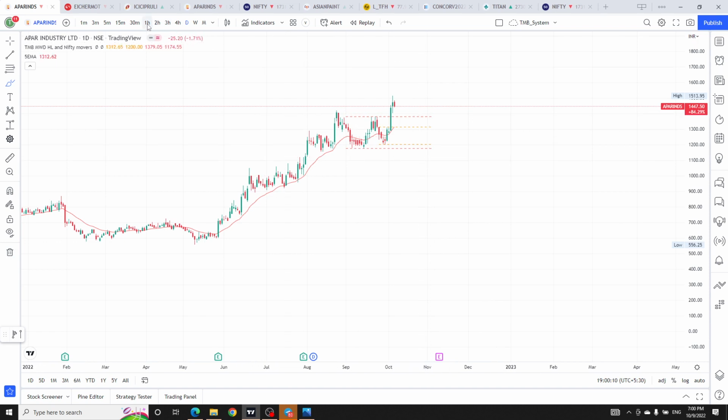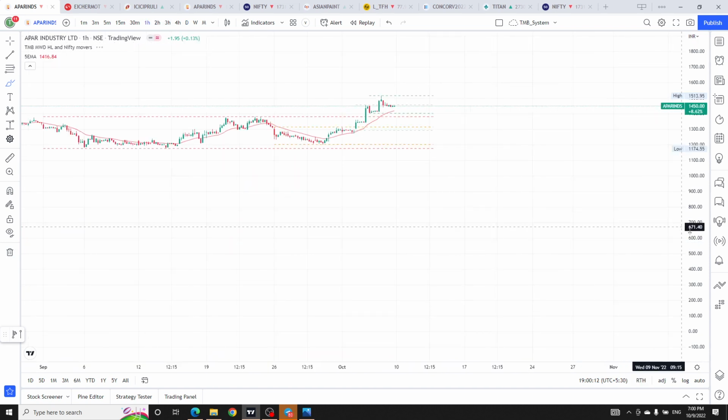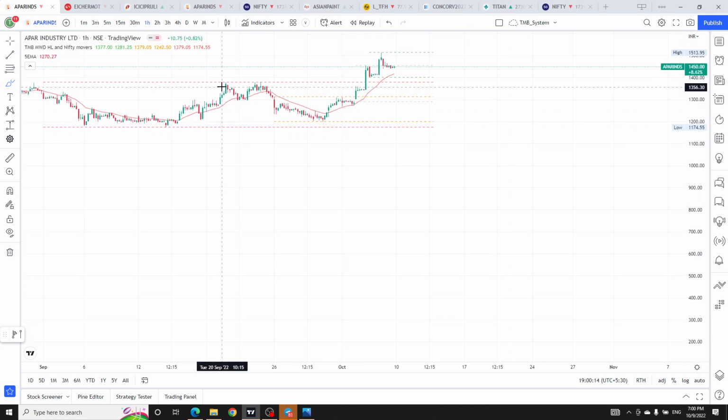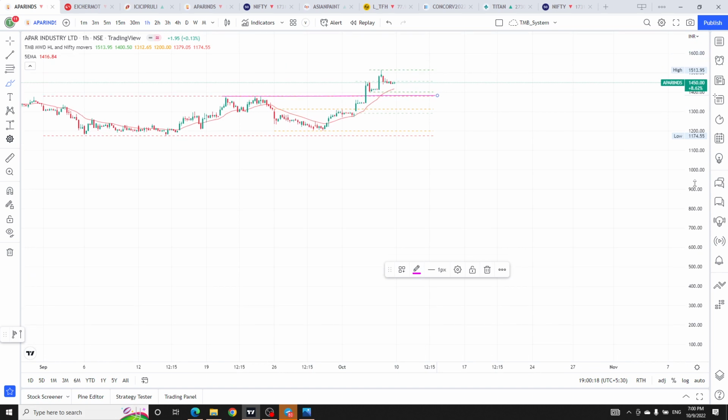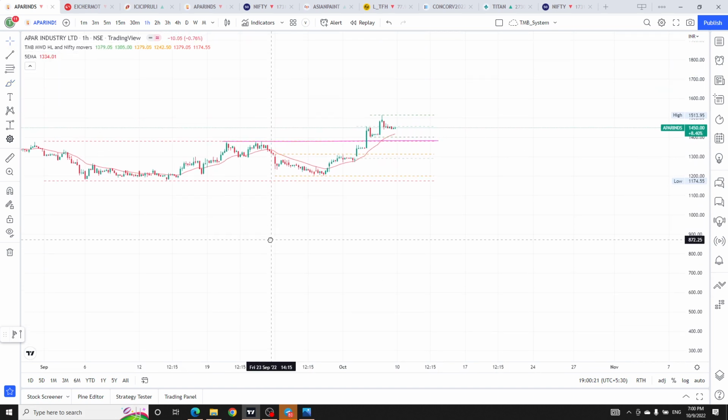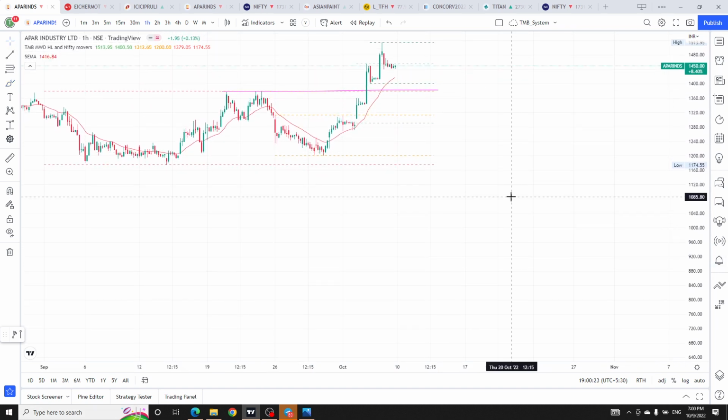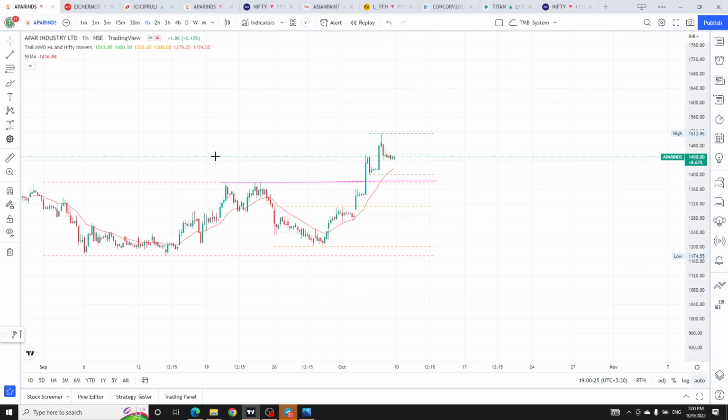Okay, coming to the lower time frame, as per the price action, this is where it previously broke out. Most of the time, you remember, whenever the stock moves with a very big candle, the actual move started from here, the gap up.